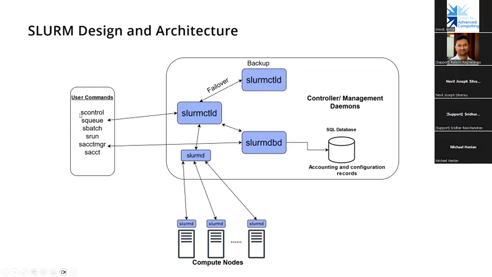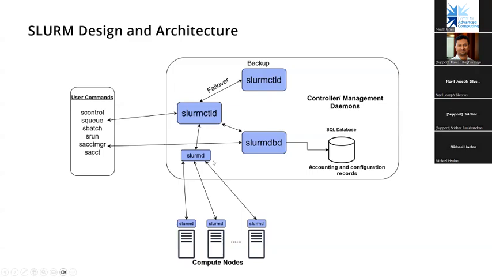This is not a very exhaustive list, but most of the commands communicate directly with the SLURM control daemon to get necessary information or to launch or submit their jobs. And we have two utilities called sacctmgr and sacct, which communicate with the SLURM database daemon to retrieve accounting information from the database.